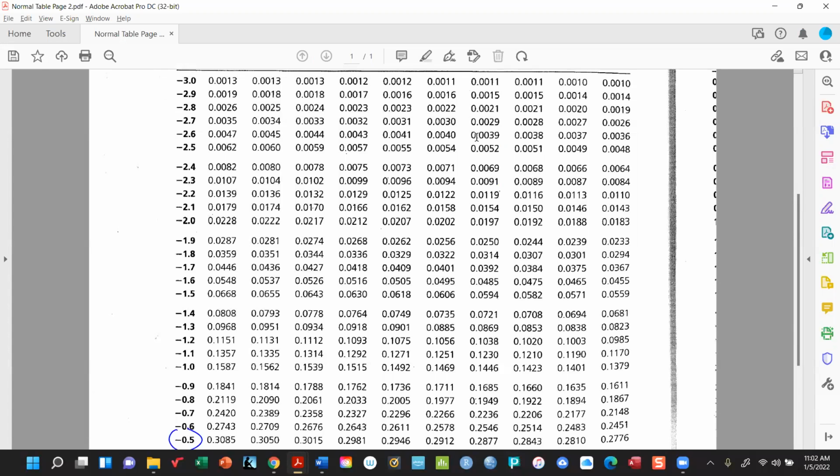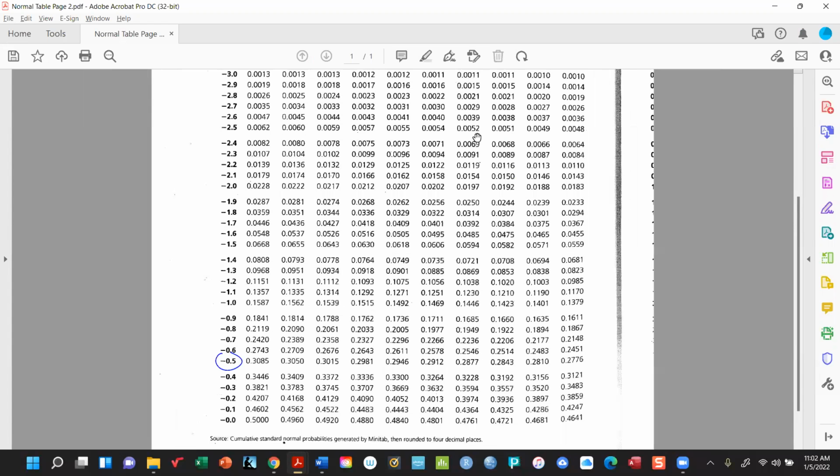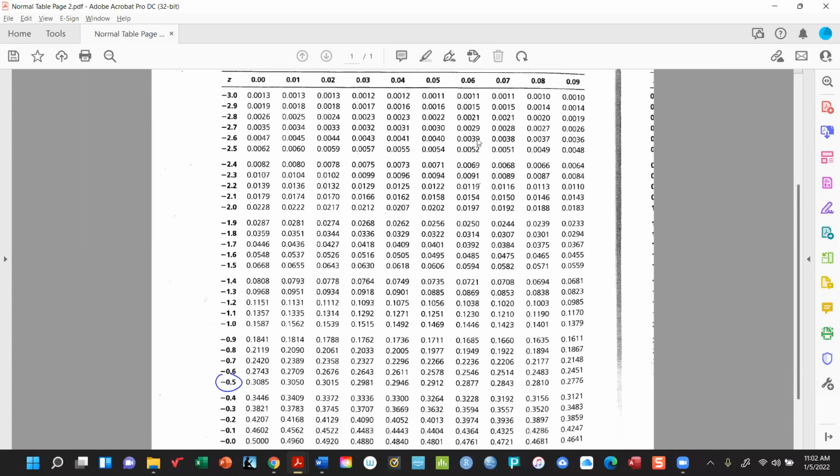Okay, so this one's, well, it's way down here. Hold on. All right, so I know I wanted to cram it all in there. Negative 0.53 is 0.2981.